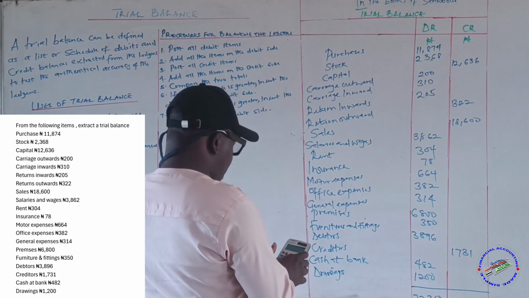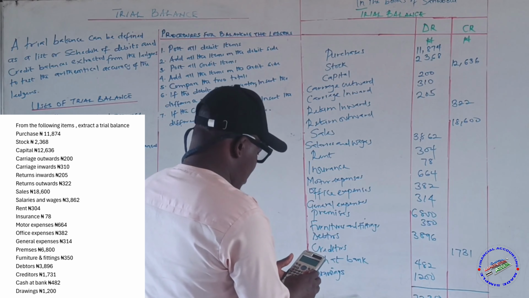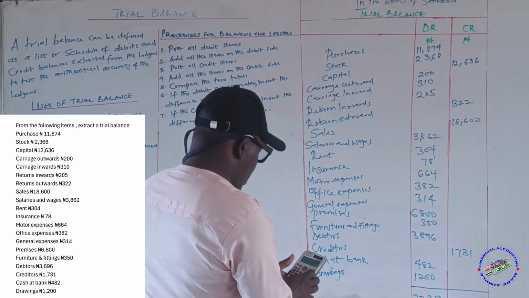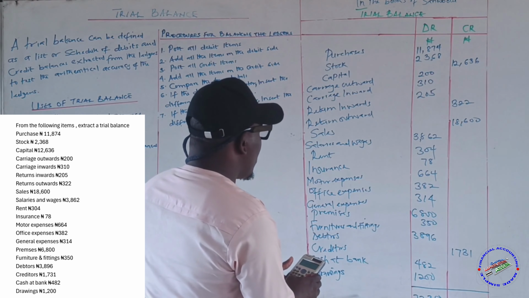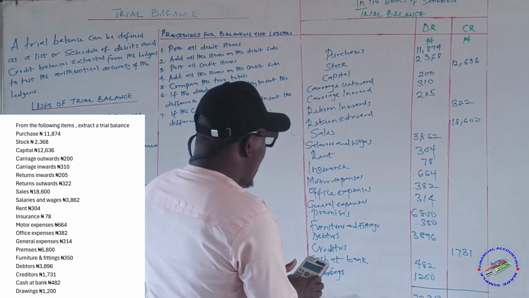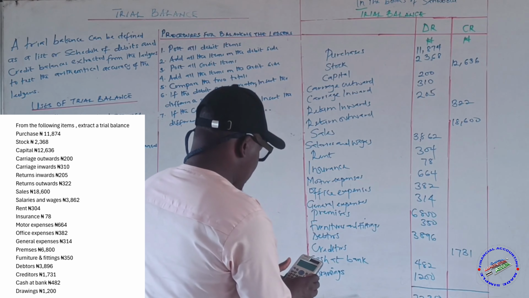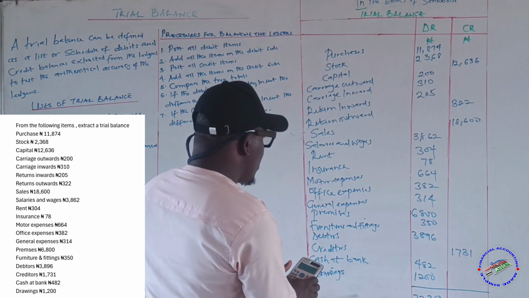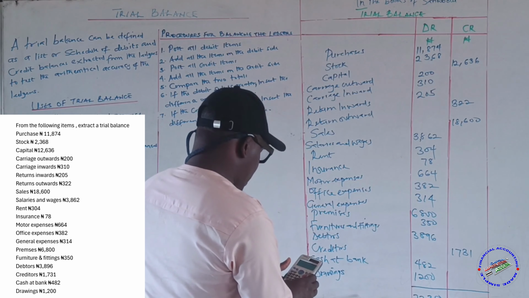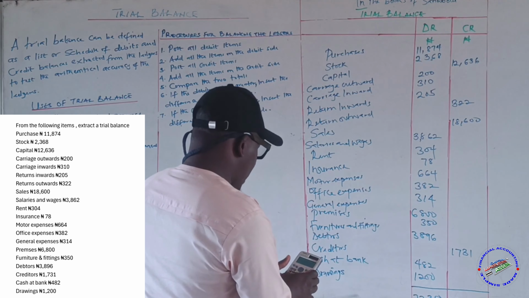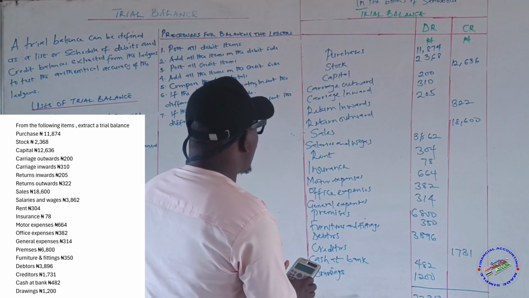So I have 11,874 plus 2,368 plus 200 plus 310 plus 205 plus 3,862 plus 304 plus 78 plus 664 plus 382 plus 312 plus 6,800 plus 350 plus 3,896 plus 482 plus 1,200.